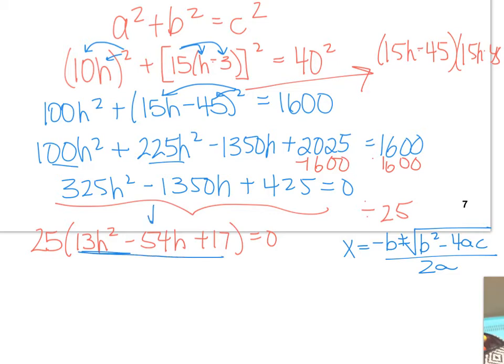So negative b is going to give me a positive 54 plus or minus the square root of negative 54 squared minus 4 times 13 times 17, all divided by 2 times 13.